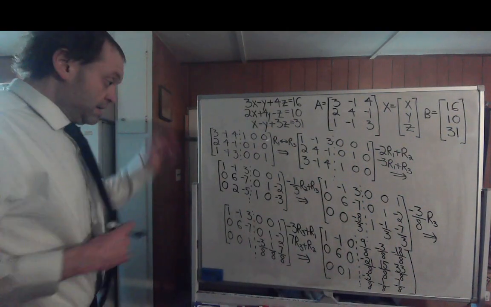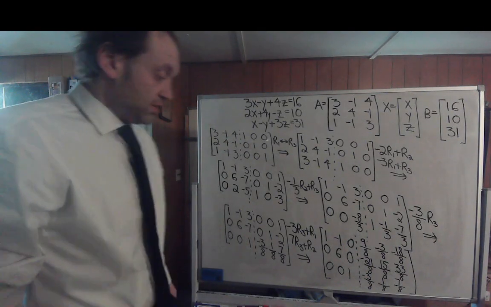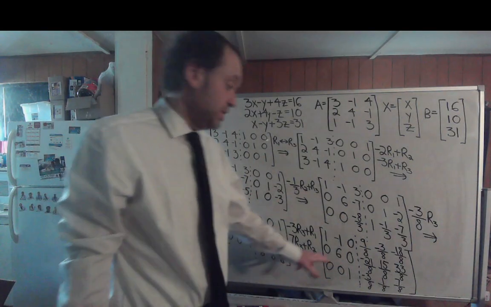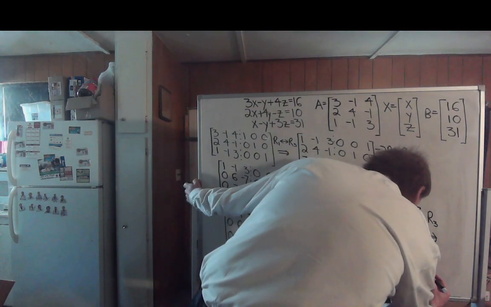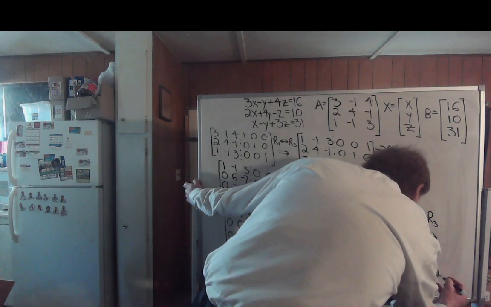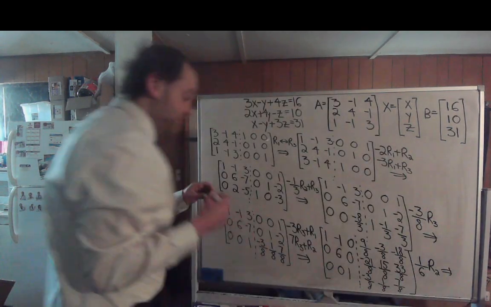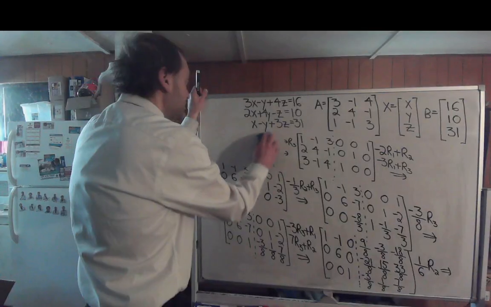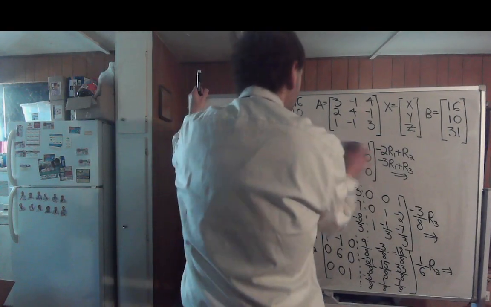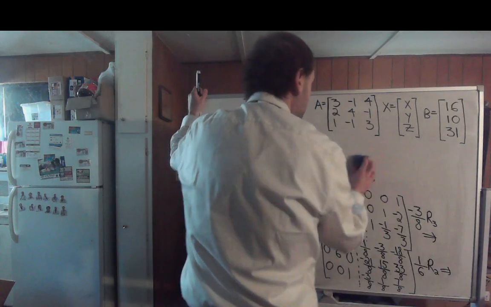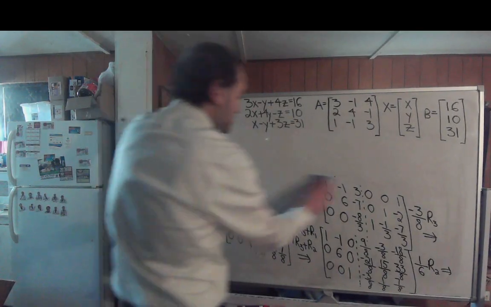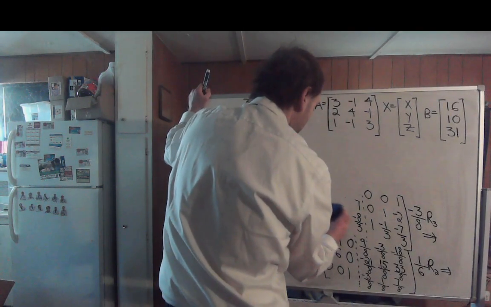Alright. Before we can do anything else, we need to make the leading digit in row 2 a 1, which means we need to take 1/6 of row 2. So let's go ahead and do that here. 1/6 of row 2, which means it's time to erase. Unfortunately, I need to erase some stuff in order to make space. But feel free to rewind the video as much as you need, so you can see how I got from where to where.